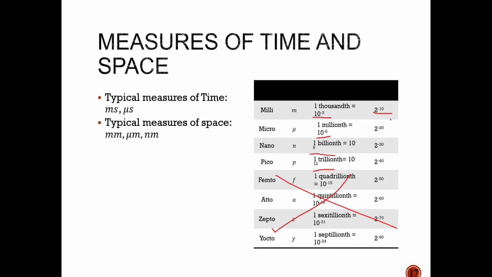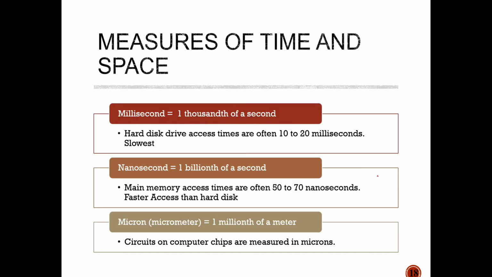And here it's showing in powers of 2, just exactly like it was doing before. And you can use the same thing for measures of space. So 1 millisecond is 1,000th of a second. So 1 second equals 1,000 milliseconds.